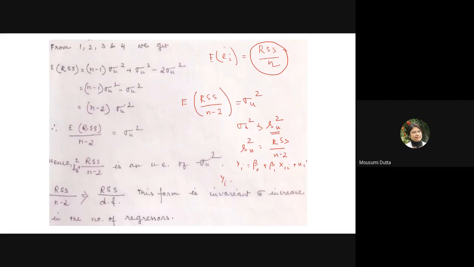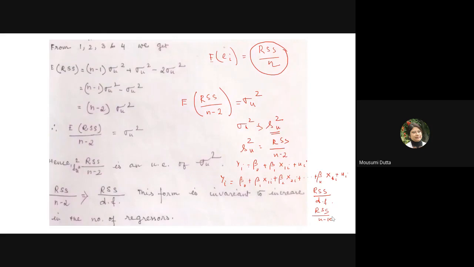Now I can extend it up to K. In that case also, su square will be RSS by degrees of freedom. Only the degrees of freedom will change. It will be n minus K; here it is n minus 2.